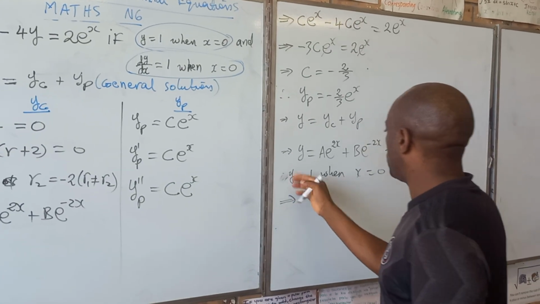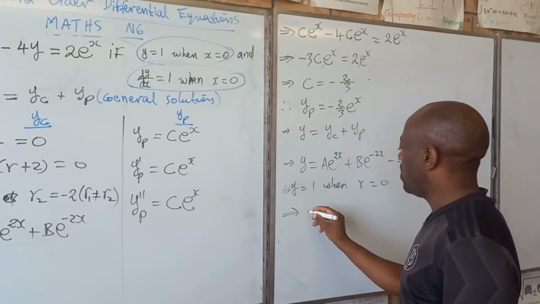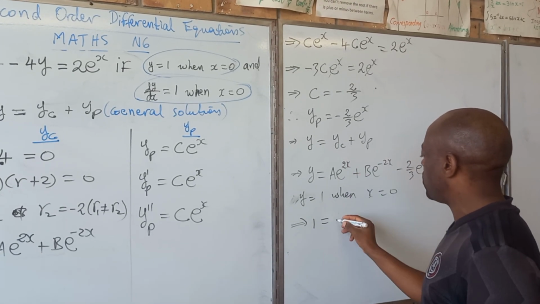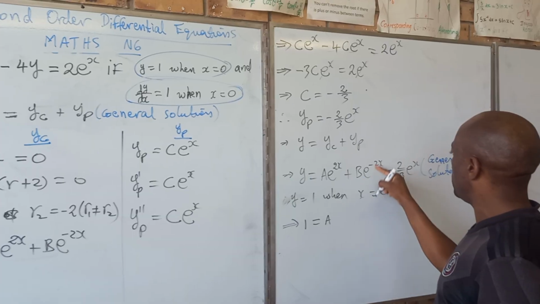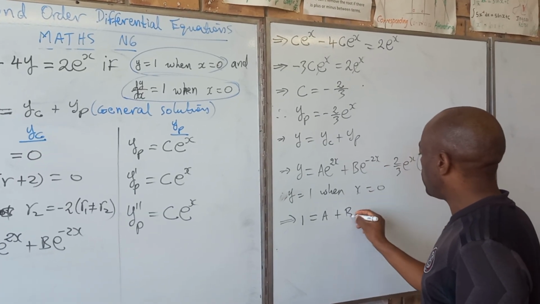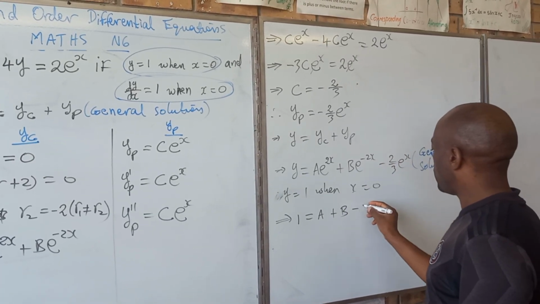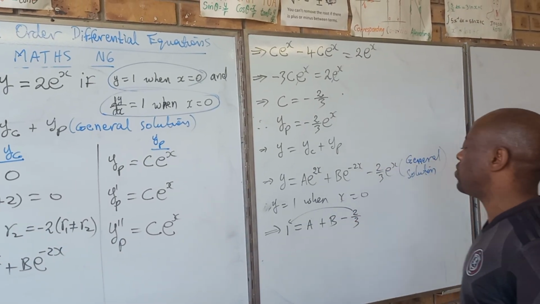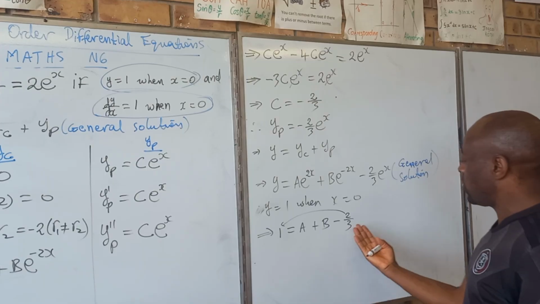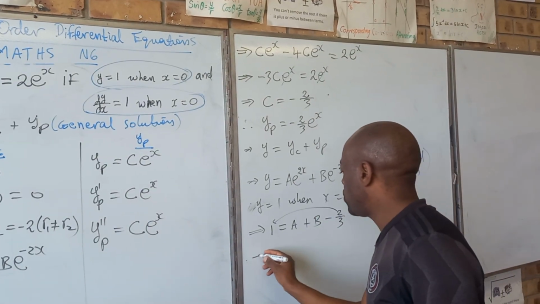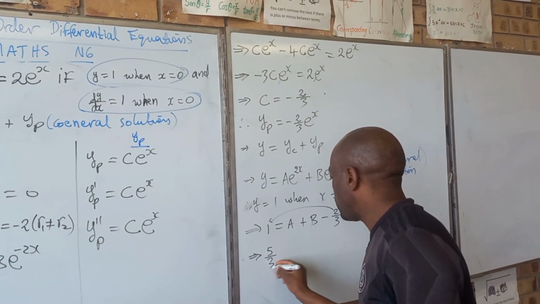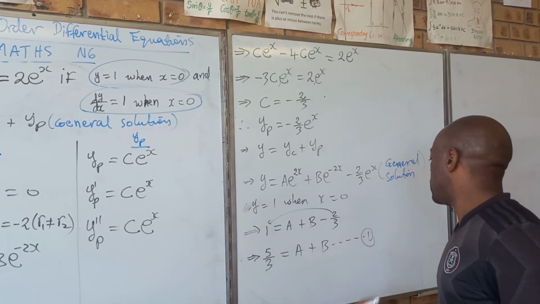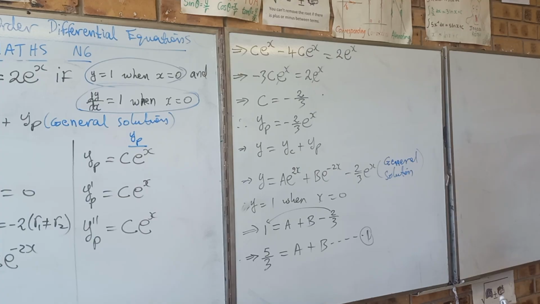If we substitute that into the general solution, we are replacing y by 1 and x by 0. e to the power 0 gives us 1 each time, so I get 2 over 3 there. 2 over 3 becomes a friend to 1, because they are like terms, so if it crosses, it adds up to 1, and that should give us 5 over 3 is equal to A plus B. That is our equation number 1.